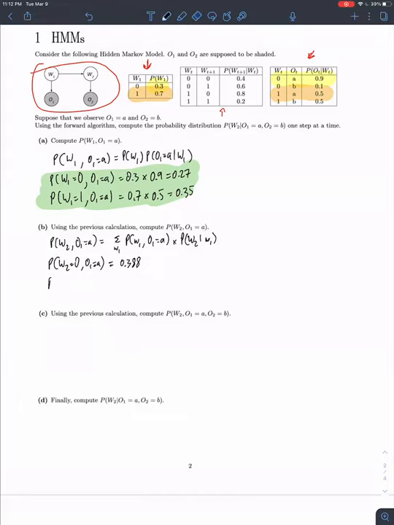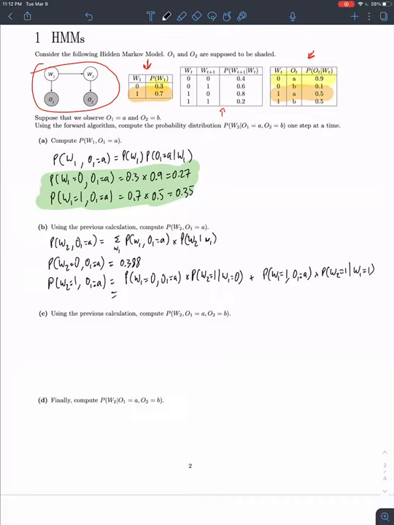So next, probability W2 is 1 and O1 equals A. Well, that's probability W1 is 0, O1 is A, times probability W2 is 1 given that W1 is 0, plus probability that W1 is 1 and O1 equals A, times probability that W2 equals 1 given that W1 equals 1.